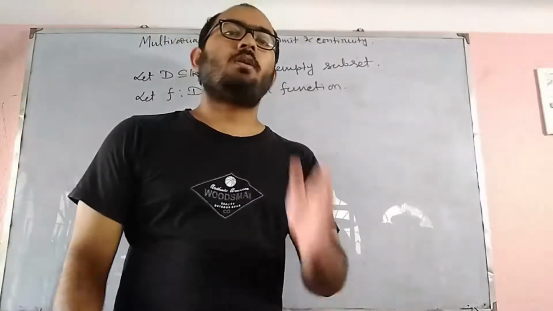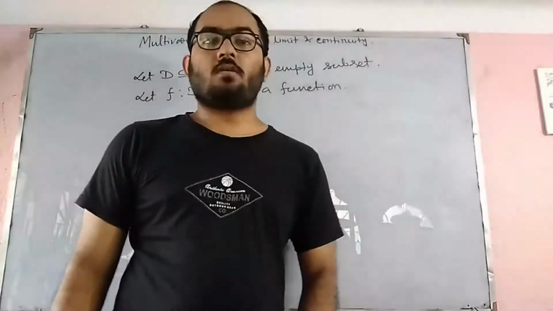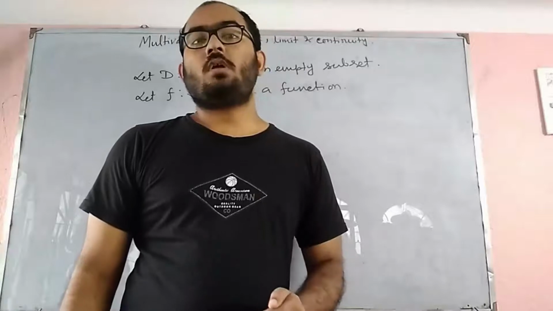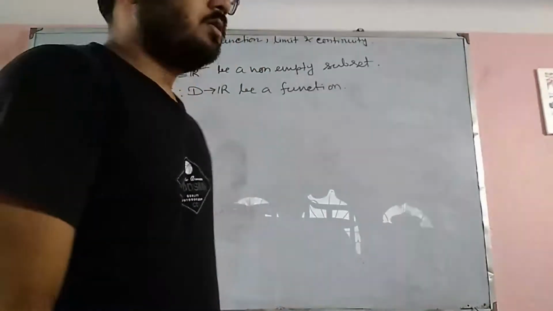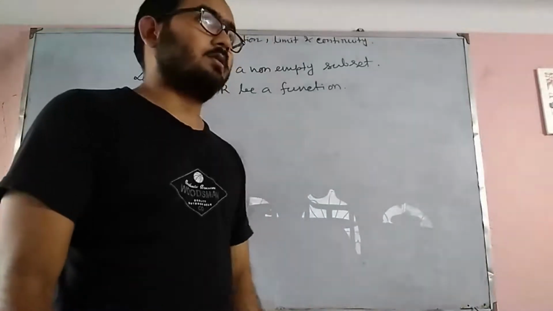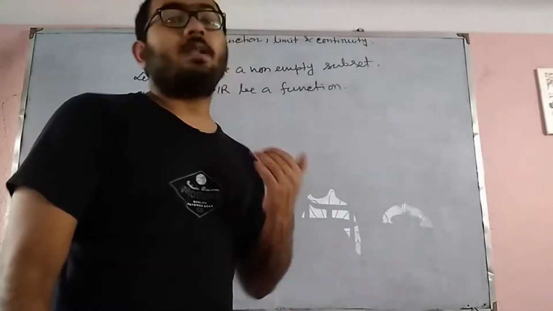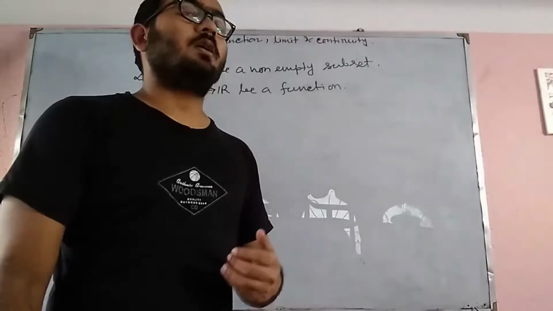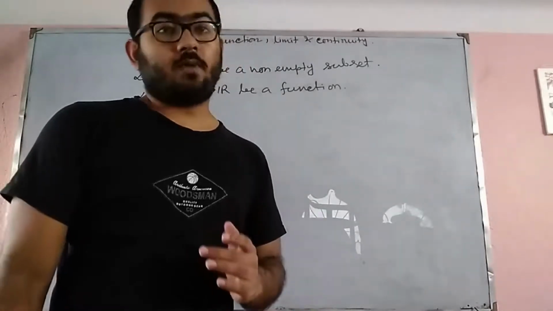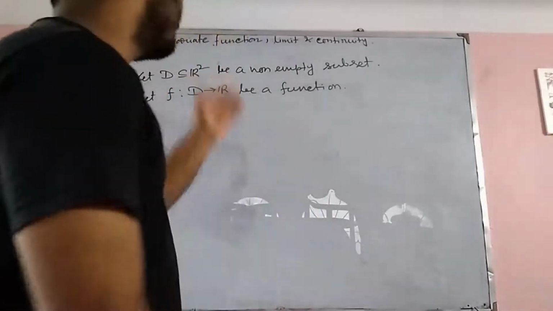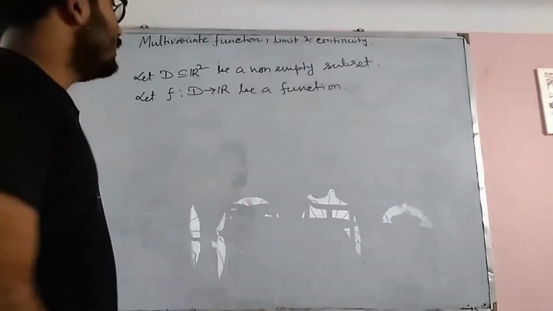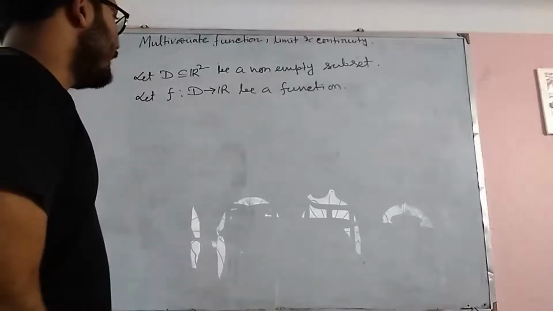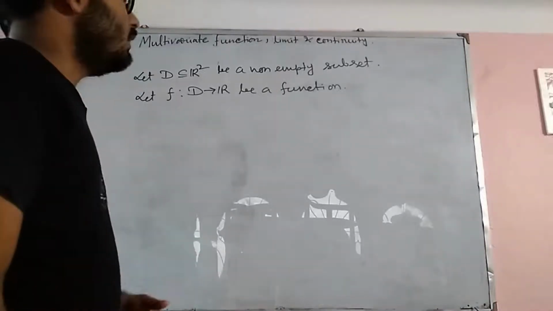Now I will give the definition of continuity of a multivariate function. As I said, to define a function we have to define the domain of the function first. So I wrote here: let D be a non-empty subset of R2, and let f from D to R be a function.